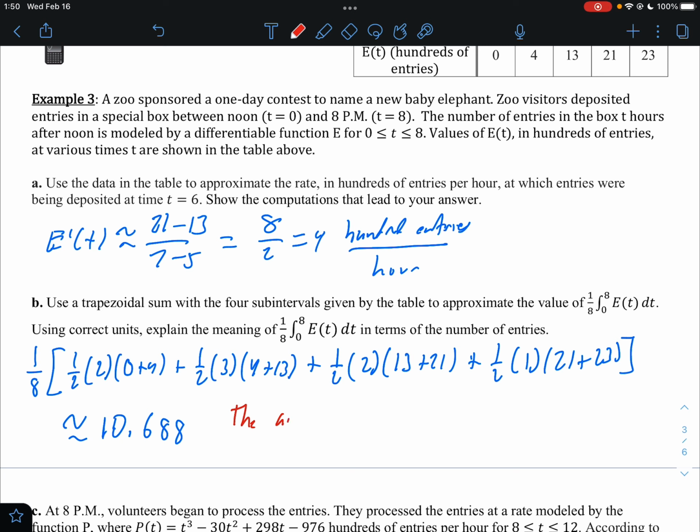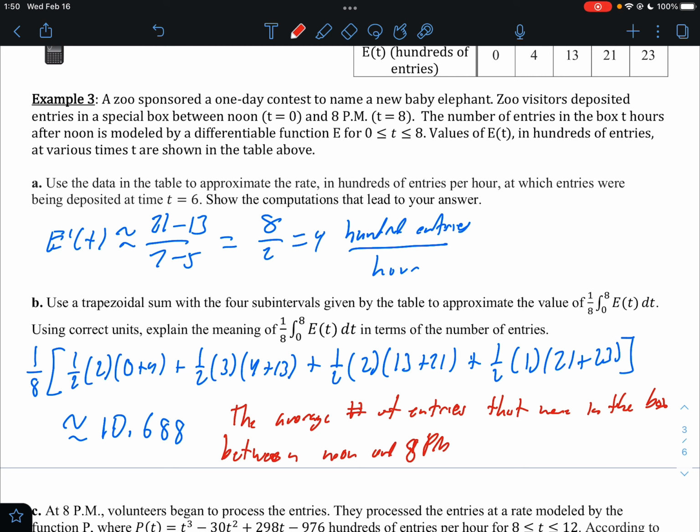So the average number of entries that were in the box between noon and 8 p.m. is approximately, and it's important to say approximately here because it's not exact, 1,068 or 1,069.